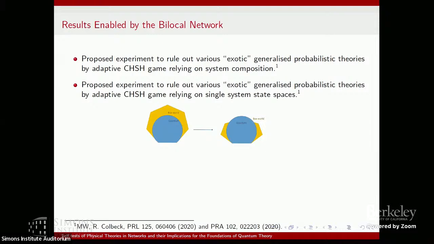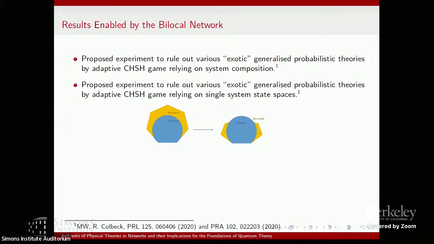I don't really want to define those theories, but I said already that they're quite exotic, quite far away from quantum theory. But there are also generalized probabilistic theories that are similar to quantum theory, for instance, quantum theory over real Hilbert spaces.